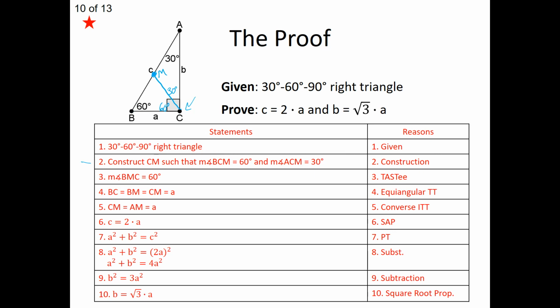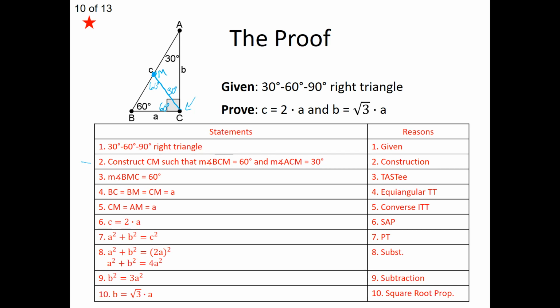So find triangle BCM in the diagram with me. We know the two base angles, or these two bottom angles, are both 60. Using the triangle sum theorem, we can then say that this third angle here at the top, angle BMC, also measures 60 degrees, because all three angles have to add up to 180 degrees. What then does that make that triangle?